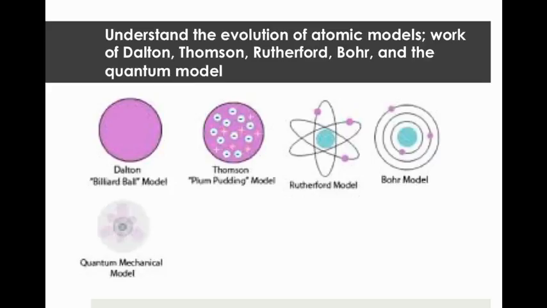There are 5 models that we will talk about in our study of atomic theory. They are the studies of Dalton, Thomson, Rutherford, Bohr, and the current model we rely on, the quantum mechanical model.